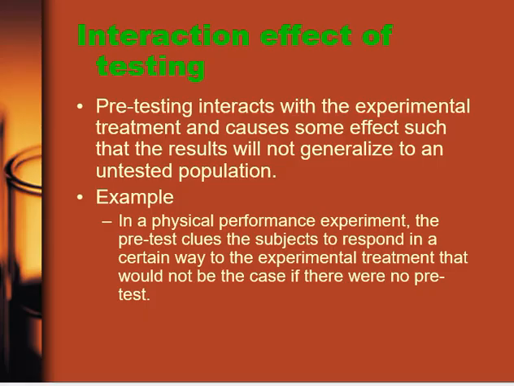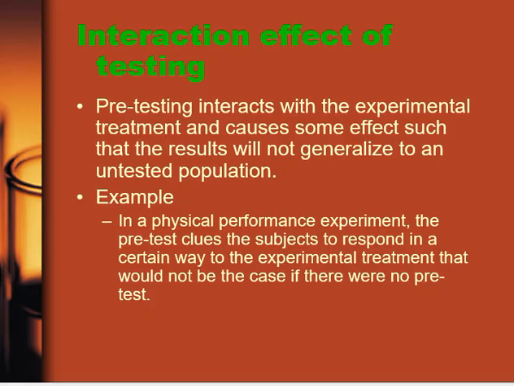For example, if I was looking at some sort of physical performance, and that was my main outcome variable, I'm looking at how well is someone physically performing on some measure. That pretest, we've talked about how pretest can impact the outcome variable. The pretest is going to prime or trigger the participants to respond in a certain way to that experimental condition that would not have happened if I never had done a pretest.